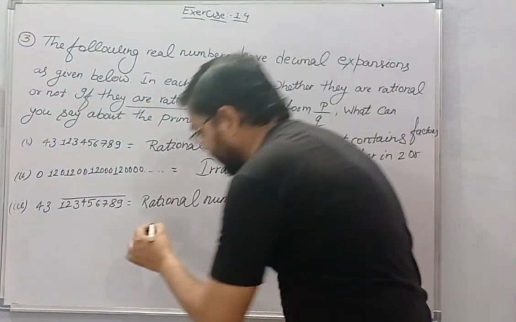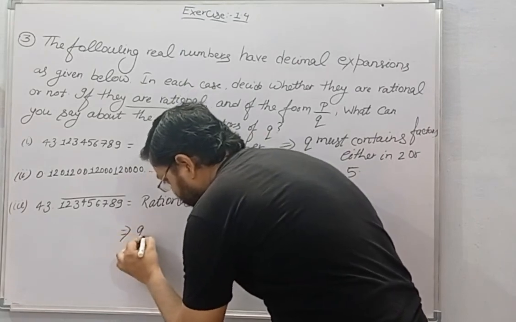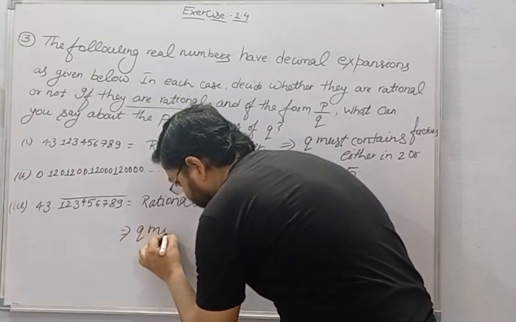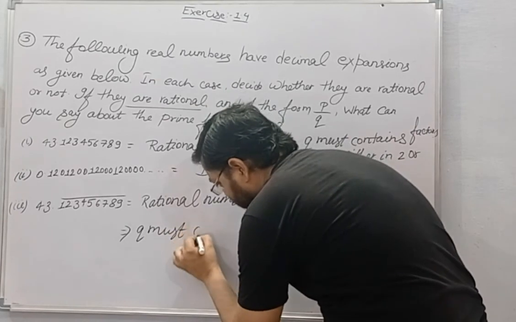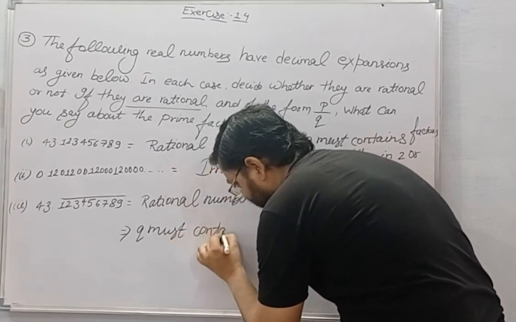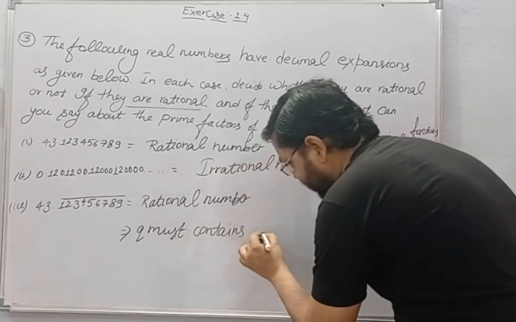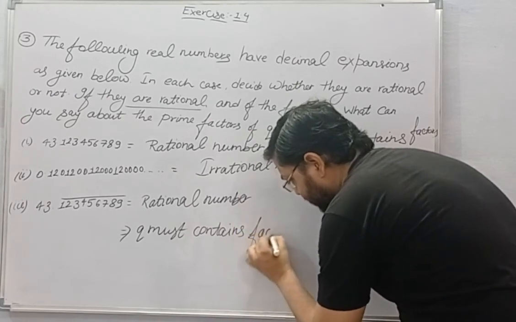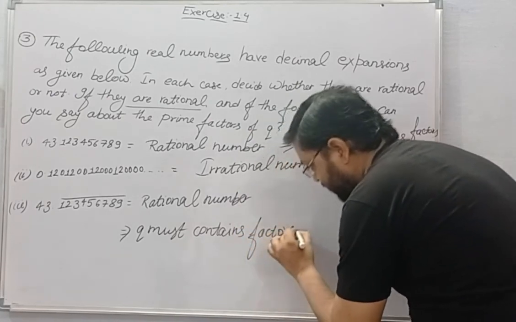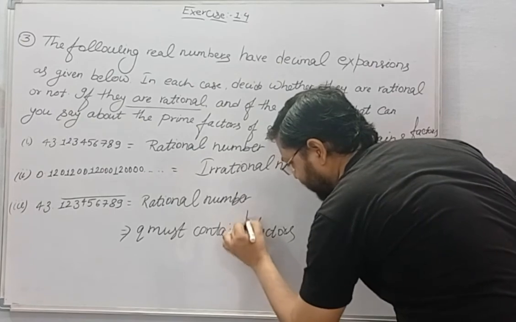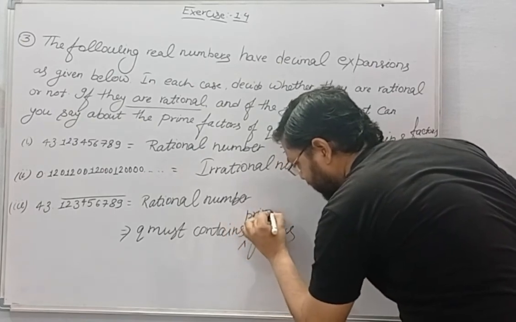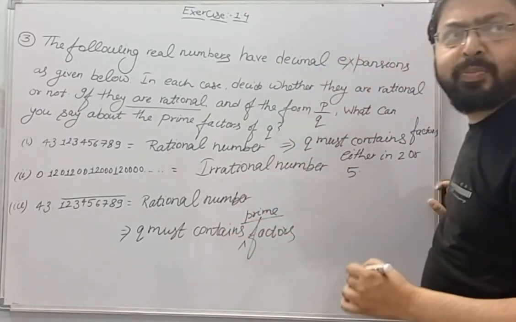In this case, q must contain prime factors other than 2 or 5. When I say factor, it means prime factor.